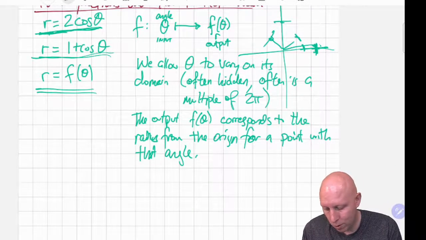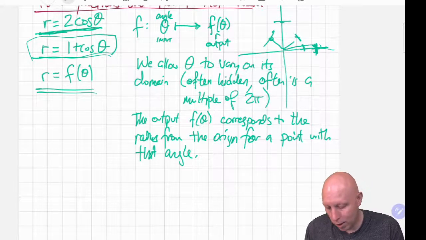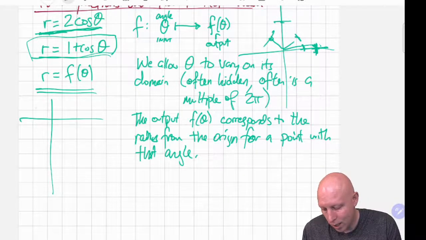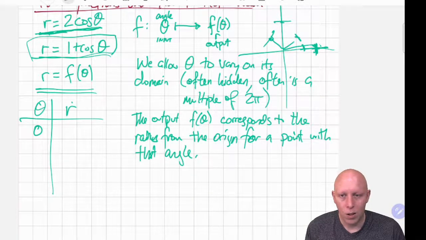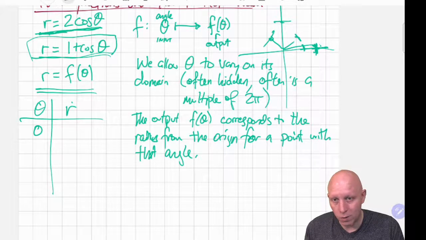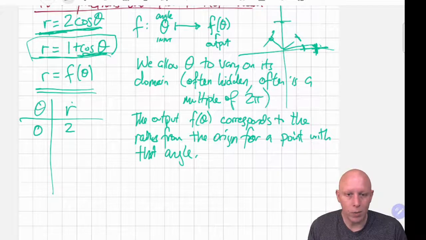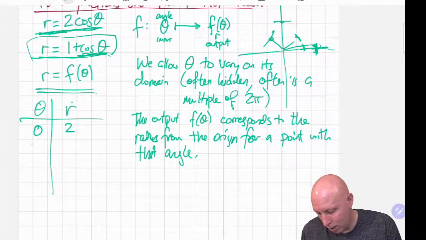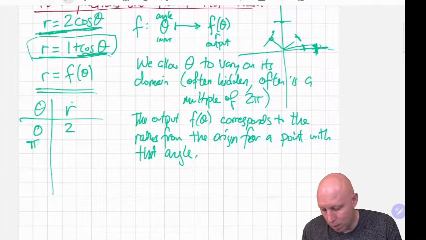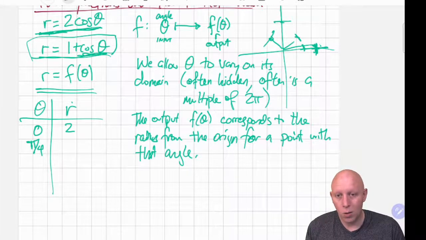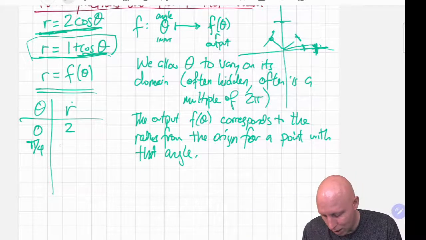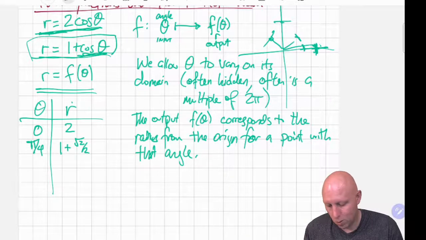For example, for our function r is equal to 1 plus cosine of theta, I plug in theta. If theta is equal to 0, r is equal to 1 plus cosine of 0, which is 1, so r is equal to 2. If theta is pi over 4, cosine of theta is root 2 over 2, and I get 1 plus root 2 over 2.